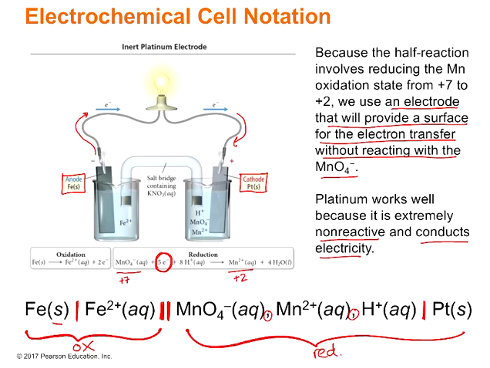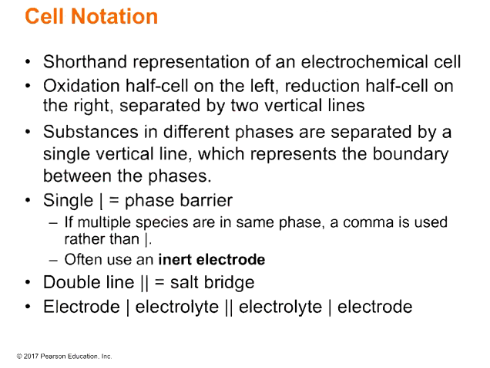All right, so this might seem a little complex, but I promise this is easier than writing out both half reactions. So let's summarize what we learned about cell notation. So again, this is a shorthand representation of an electrochemical cell. And remember, oxidation will be on the left where the anode is, and then reduction will be on the right where the cathode is.